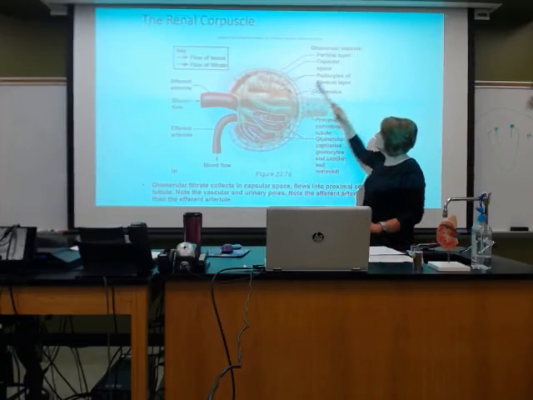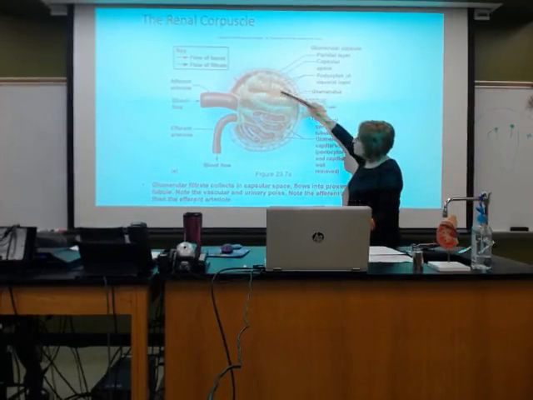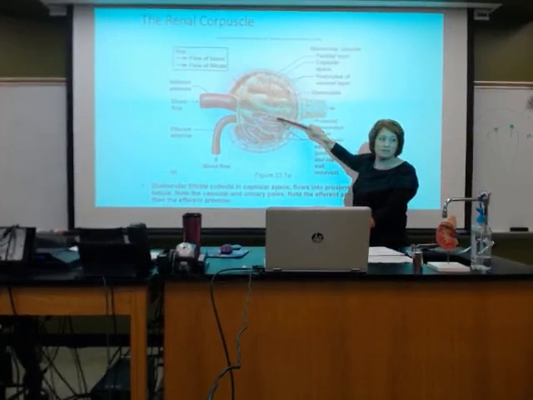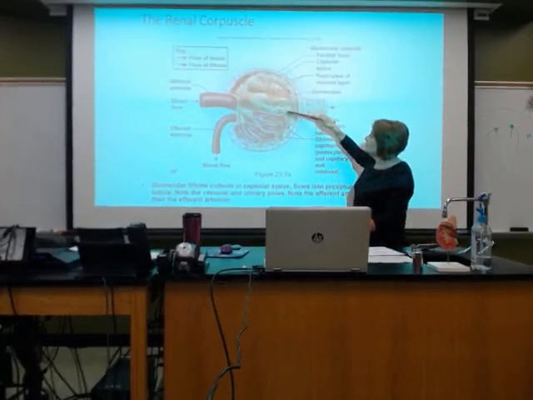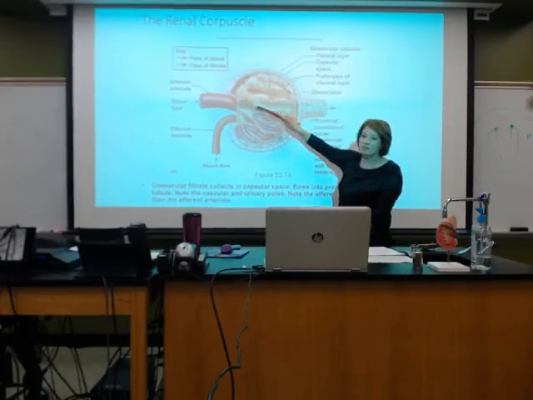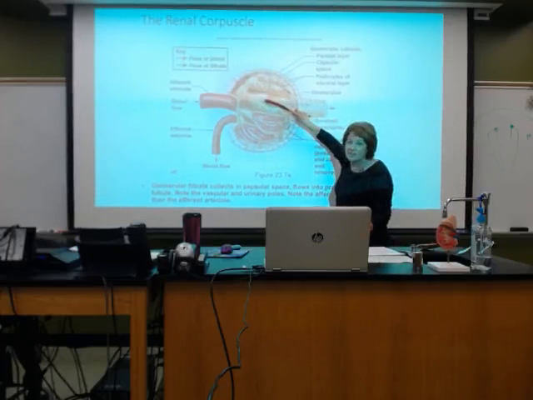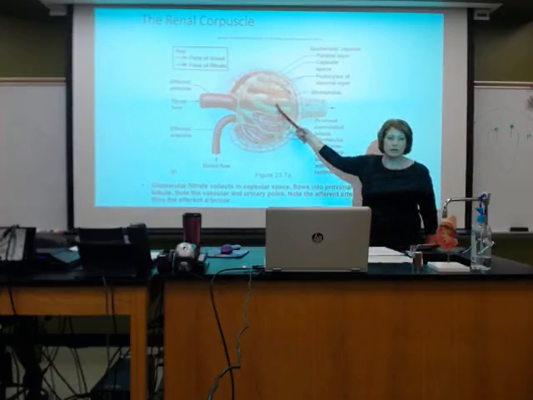And note that the wrappings around the ball of capillaries are wrapped in this stuff that has the podocytes. See how they're trying to show the little slits that are present? So we're under a special structure now.